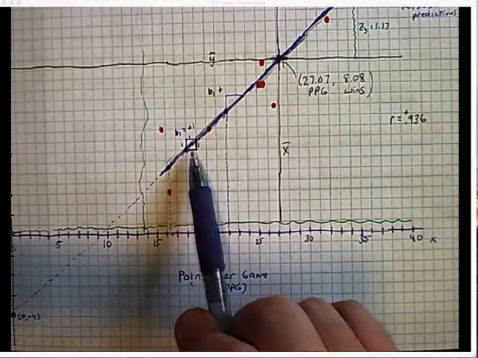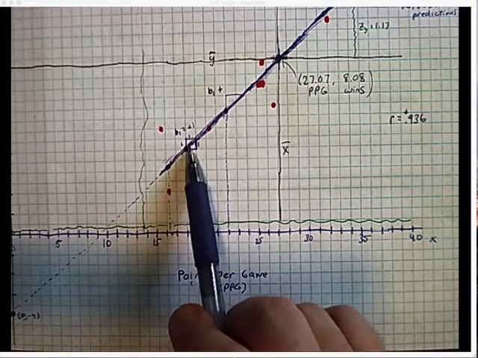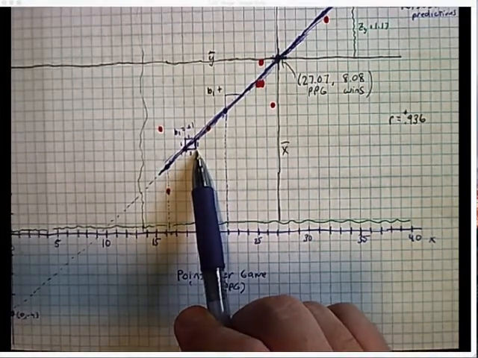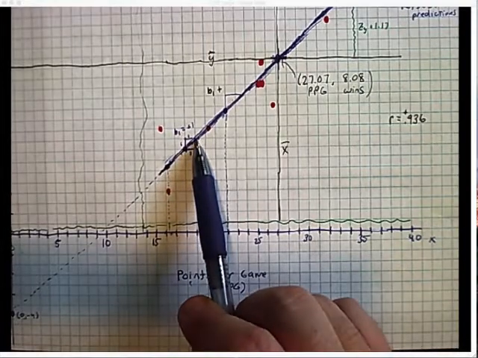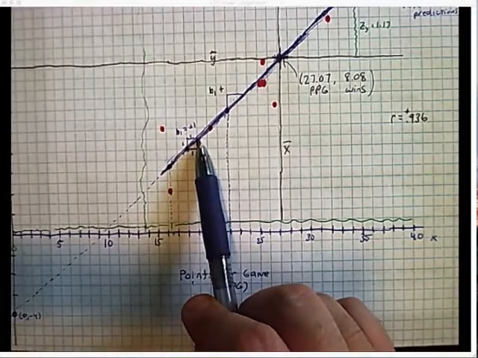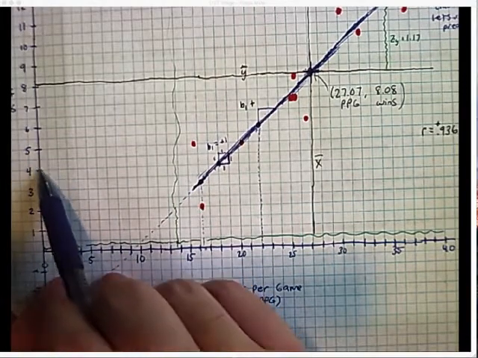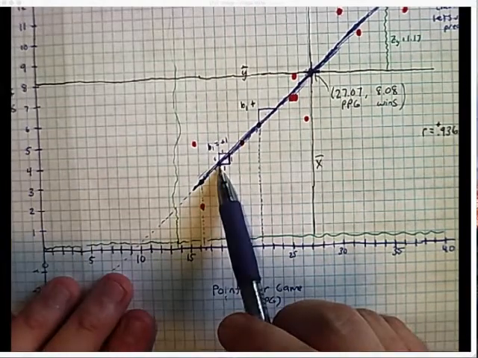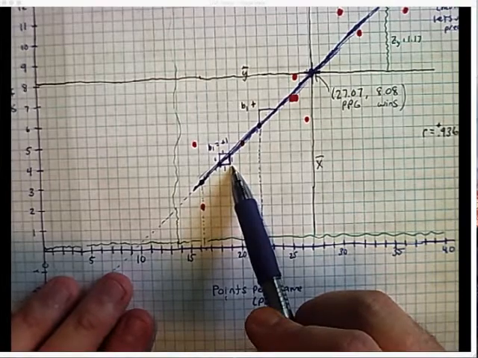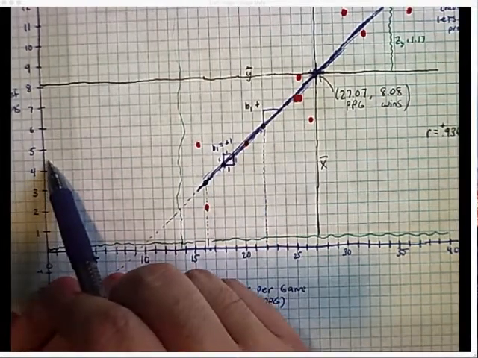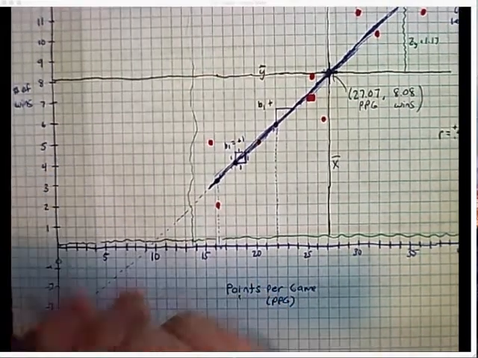If a team was to get 1 more point per game, we would predict that they would get a half of a win. Because if we take this over, there's actually 2 lines between 4 and 5 wins. So for every 1 point per game, we expect the team to get a half more win.